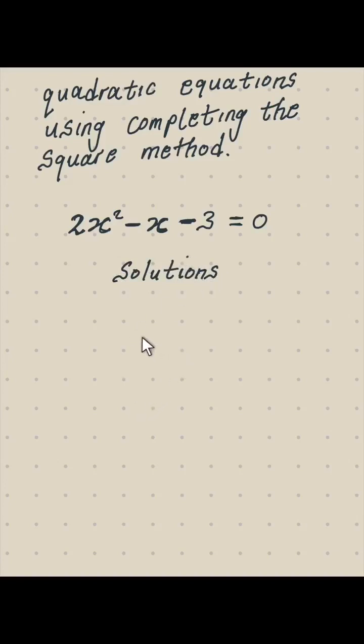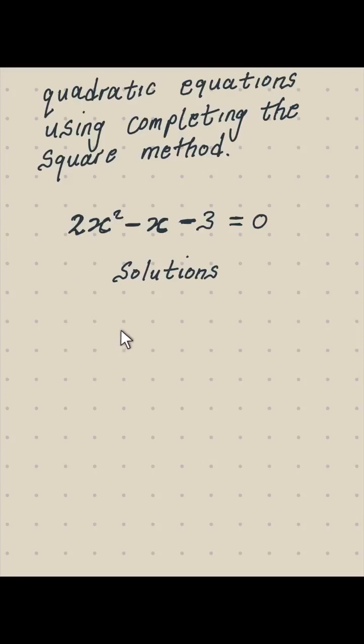With the completing the square method, the first step is making sure that the coefficient of the first term, or the highest power, is equal to 1. The coefficient of the highest power should be 1.